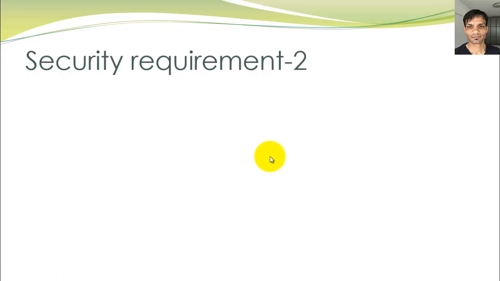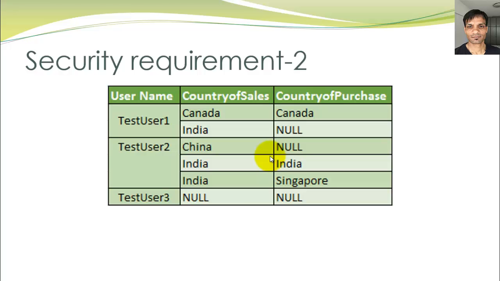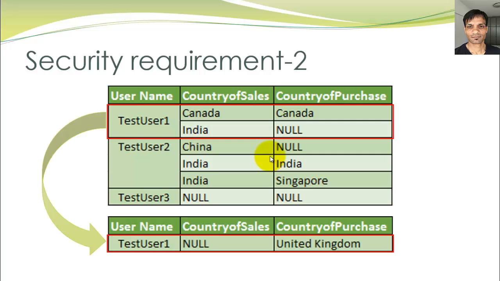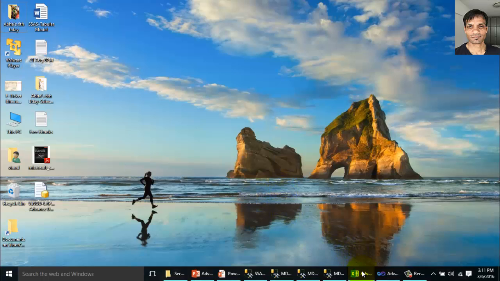Before I finish this video, let me present you one more last requirement. Let's say along with this data, test user 1 now also wants to see data where country of purchase is United Kingdom and country of sales can be anything. Let me show you this in an easier way.